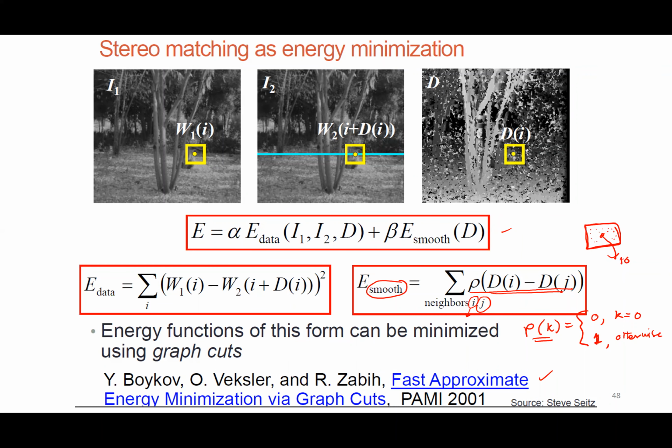Now you see how it matches with the disparities of its neighboring pixels. If a neighboring pixel also has 10, you would encourage that because all are moving coherently, so you would not penalize it. You look at this energy as a penalty, and you are trying to minimize the penalty. You want a solution that minimizes the penalty. That is your smoothness term. Is the smoothness term clear to you?